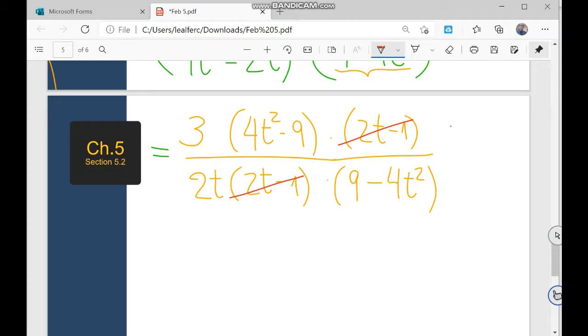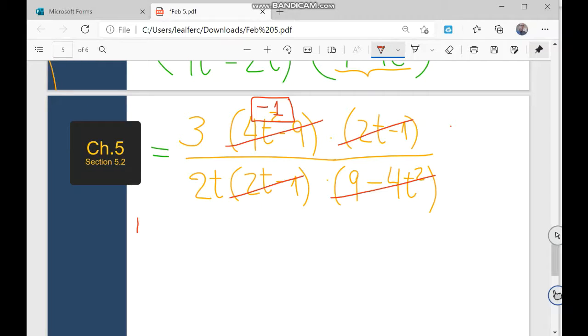And you have 4t squared minus 9 and here at the bottom, 9 minus 4t squared. Those are opposites, right? If you have opposites, you can factor it out, but it will be a ratio of -1. You're gonna substitute by a -1. This 4t squared minus 9 divided by 9 minus 4t squared is equal to -1.